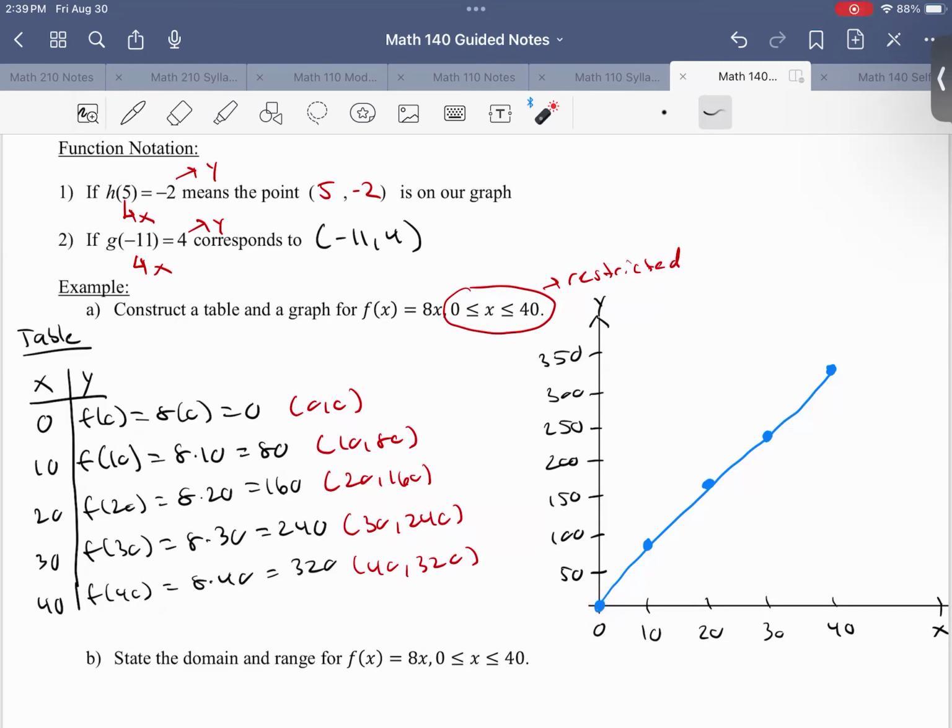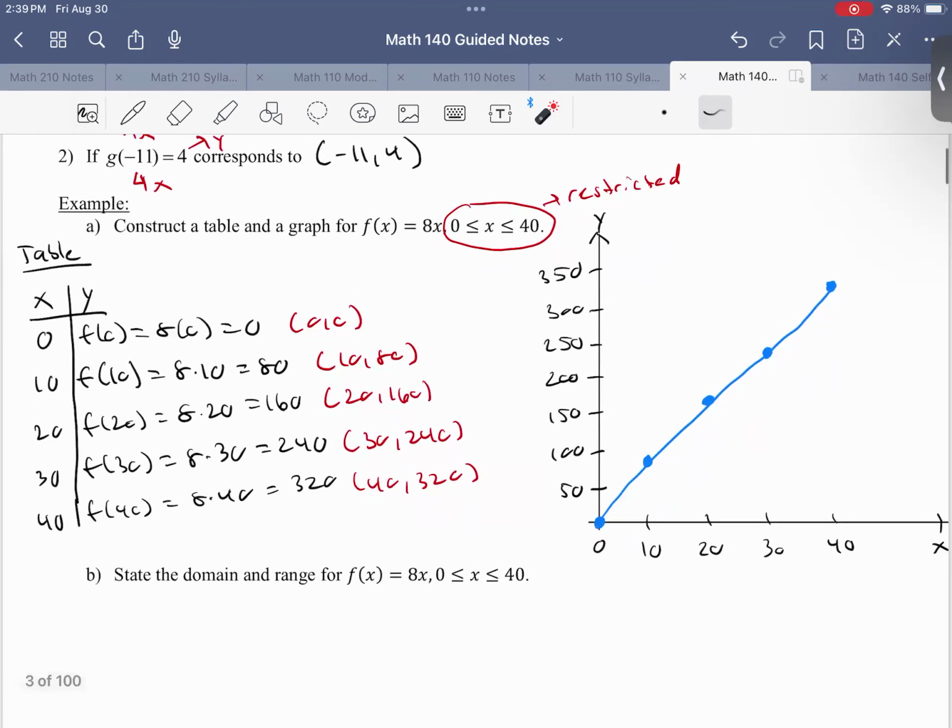Okay, so that is how you would construct a table and graph for this type of linear function. It's an easy thing to graph. But keep in mind that when you have to graph something, try to find a way that is easier for you. Don't try to do anything too crazy.